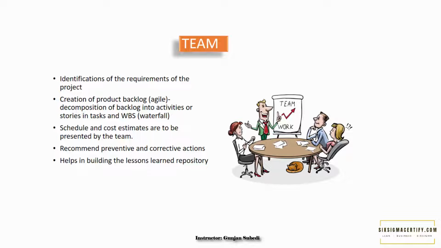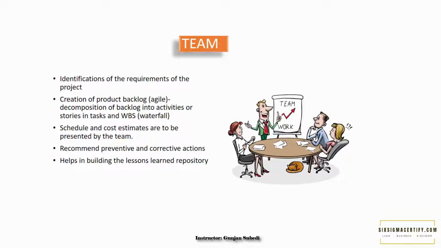Team members have the role of identifying the requirements of the project, creating the product backlog, and decomposing the backlog into activities, stories or tasks, or creating the work breakdown structure in waterfall projects. Team members are also involved in making a schedule and cost estimates, recommending preventive and corrective actions, and helping in building the lessons learned repository.